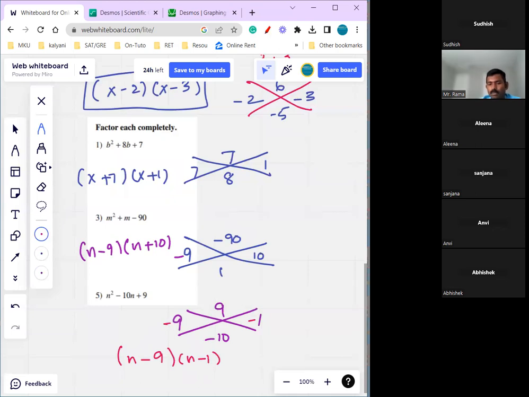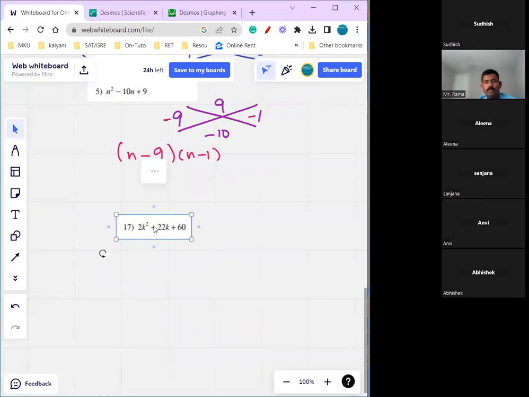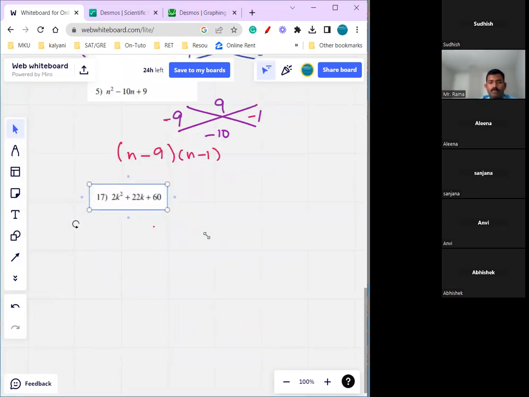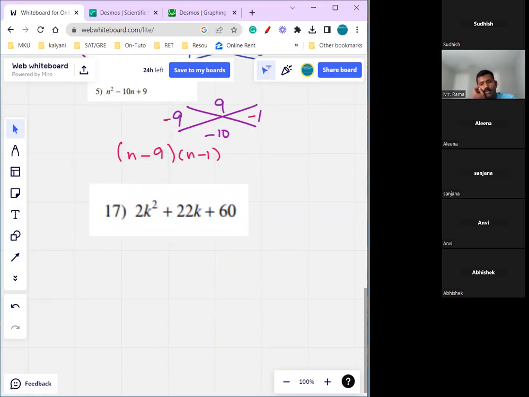I'm going to skip this one now, and we're going to see what if the question... Sometimes the basic questions may come like this too. So we're going to do one more factoring quickly. Okay, go ahead and try this one. I have a number in front. Let's see what you guys think.